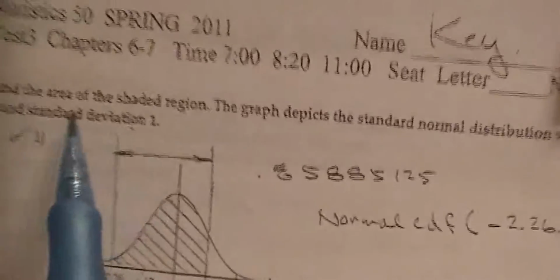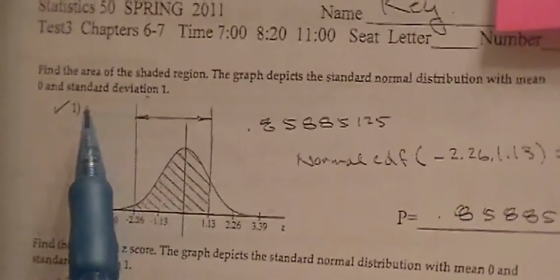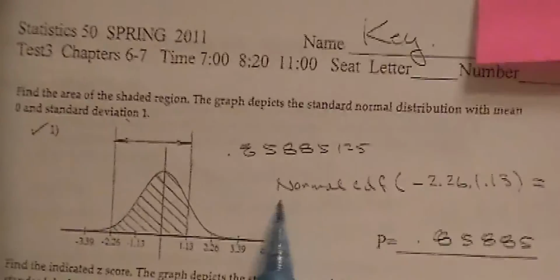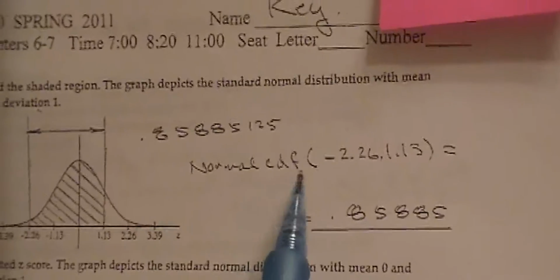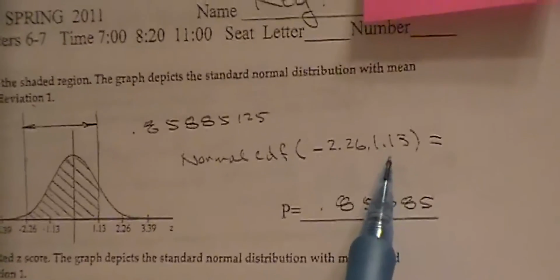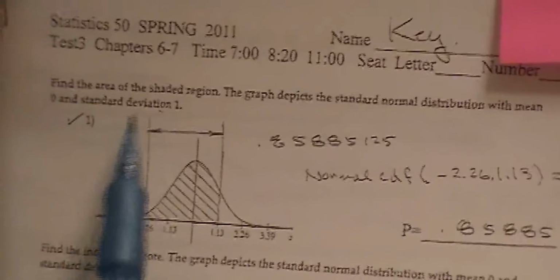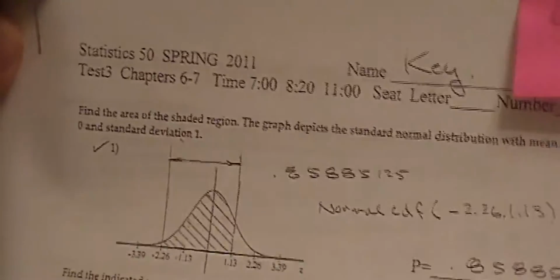So anytime they ask you to find the area or the probability or the percentage, anything like that, it's going to be normal CDF on your calculator. So all you need is a left number and a right number. And because your standard deviation and mean are 1 and 0, the calculator already assumes that. We said that before, right?